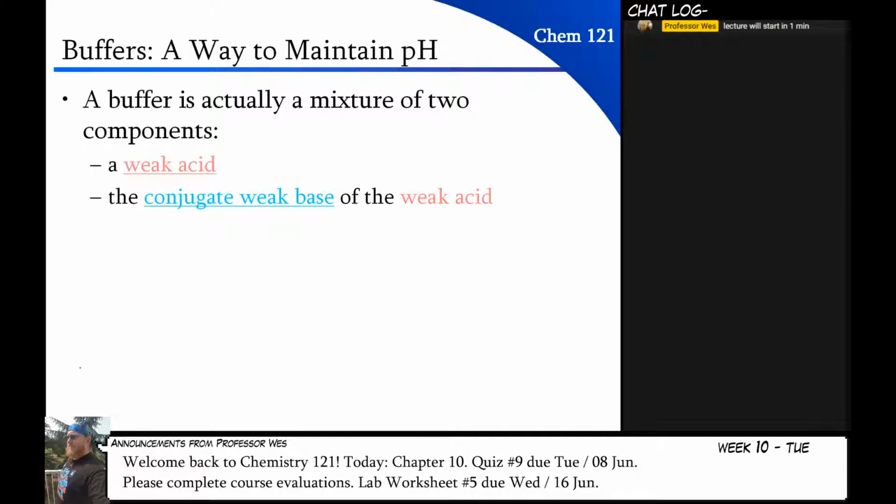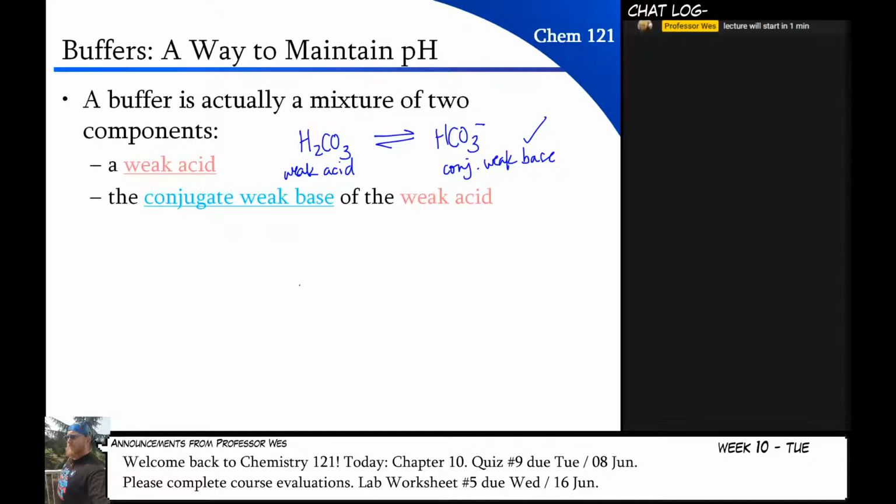So for instance, I could use H2CO3 because that's a weak acid, and its conjugate base, which would be this minus an H+. This would be a buffer, because I have a weak acid and the conjugate weak base.